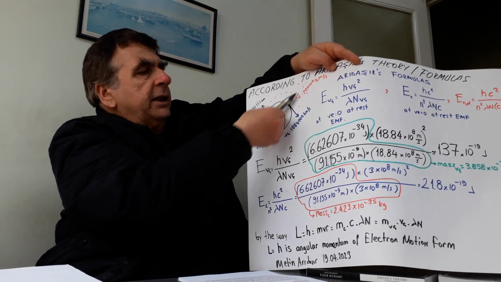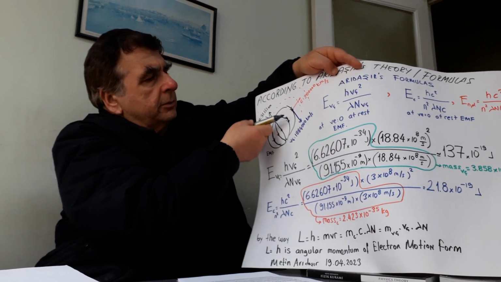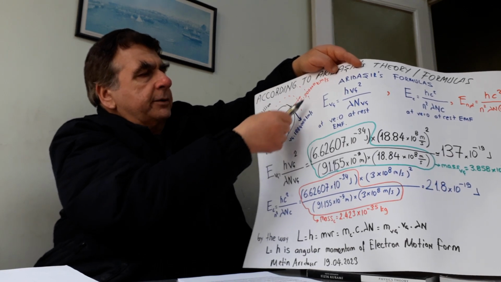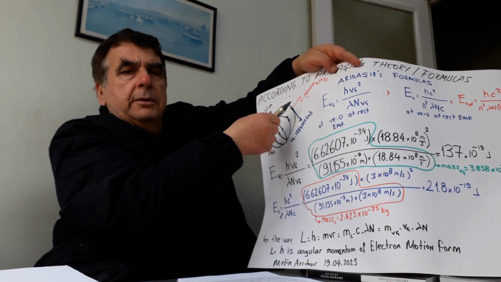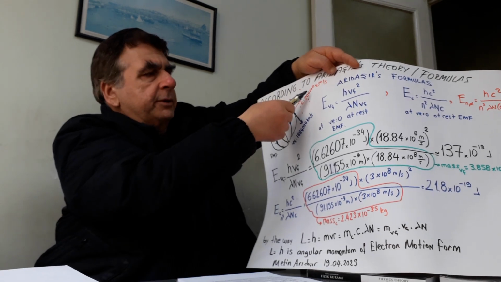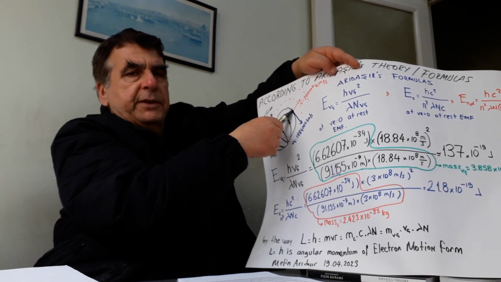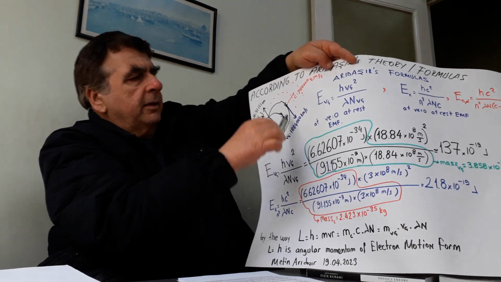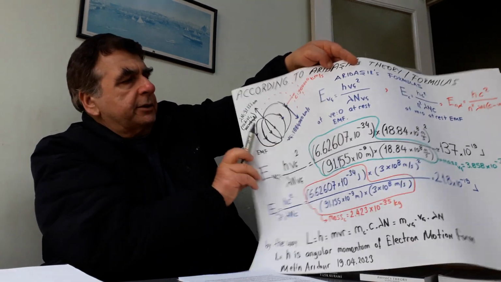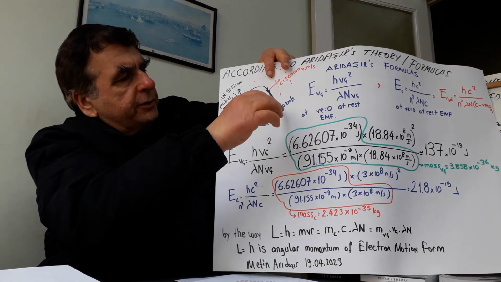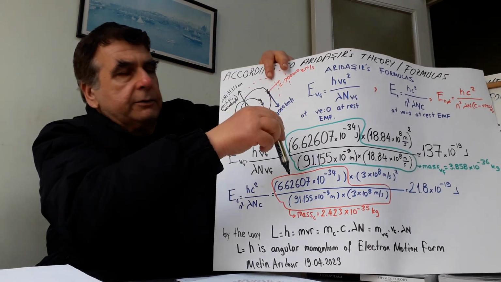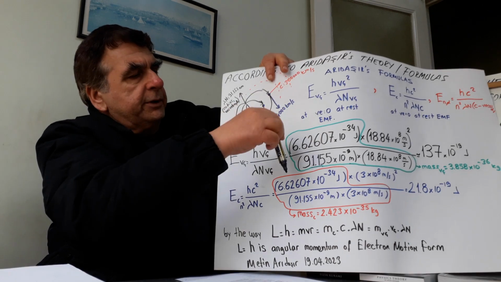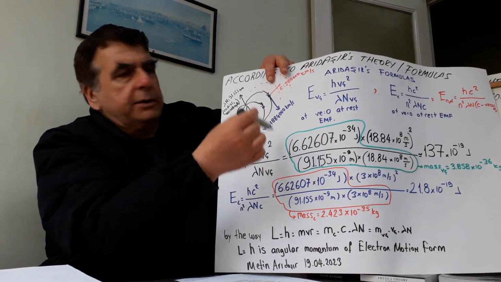Here, the red arrow is the speed of light direction component mass and energy point, and here 1,884,000 km per second linear velocity direction component energy and mass.